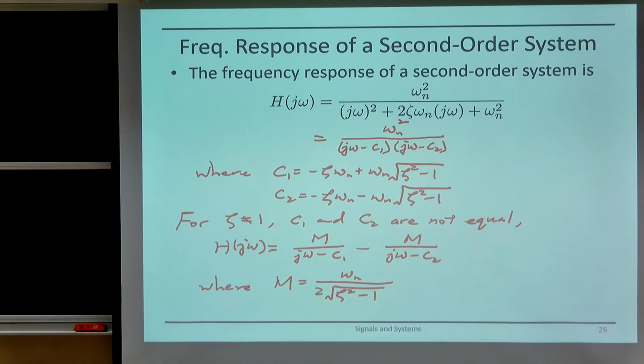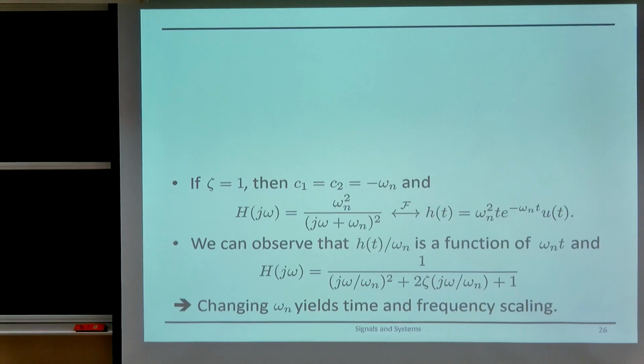So this gives you a response h of t that is equal to m times e to the c1 t minus e to the c2 t, times u of t.